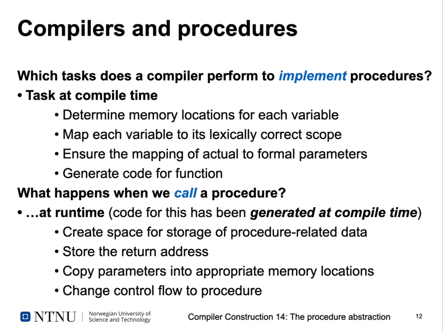So in addition to the code that's actually the function you've written, our compiler also generates code to create space for the storage of procedure-related data, usually when you enter a function, before you execute the very first instruction you wrote yourself for this function. It also creates code to store the return address. It creates code to copy the parameters into appropriate memory locations. And finally, of course, when we call a function, it needs to generate code to change control flow to the procedure or function we are currently calling.